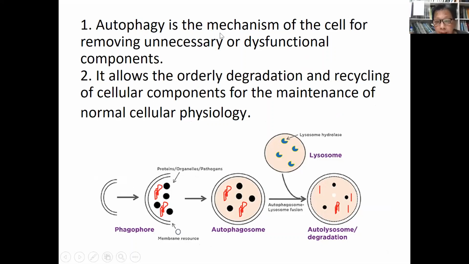Autophagy is a mechanism of the cell for removing unnecessary and dysfunctional components, and it allows orderly degradation and recycling of cellular components for the maintenance of normal cell physiology. So the cell will stay alive and have a normal metabolism to survive under stress condition.